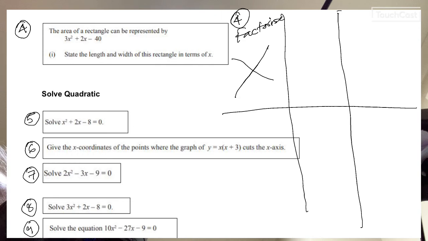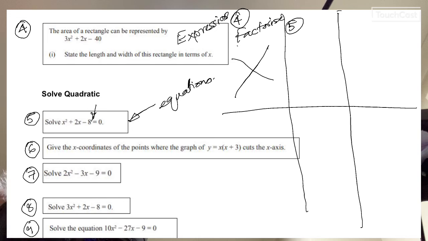Question 5 is solving. See that these are factorization expressions, and this is to do with equations. What makes it an equation? There is an equal sign in between.